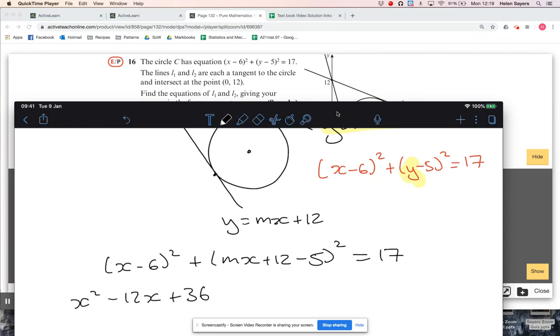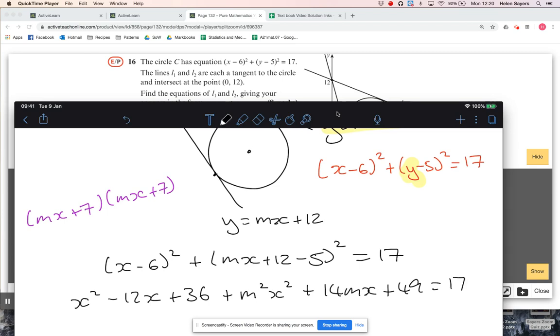Then the next set of brackets simplifies to mx plus 7, so it's (mx plus 7) times (mx plus 7). That is going to be m squared x squared, then 7mx twice, so 14mx, and then 7 times 7, and that all equals 17.